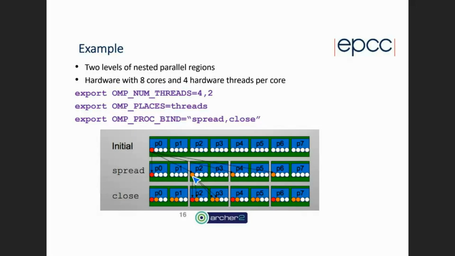So when this thread spawns its inner parallel region of 4 threads, they will get bound to 2 of the threads on this core and 2 of the threads on this core. It's a little bit complicated and messy, but it does give you a mechanism for arranging different patterns of binding of threads to cores.